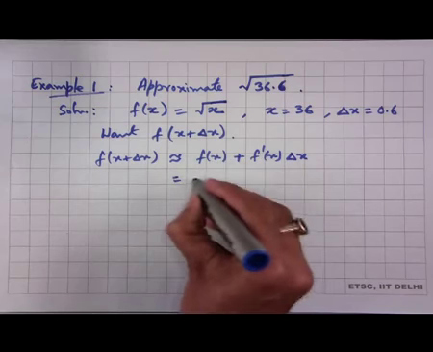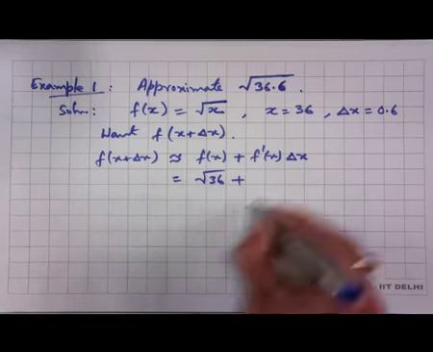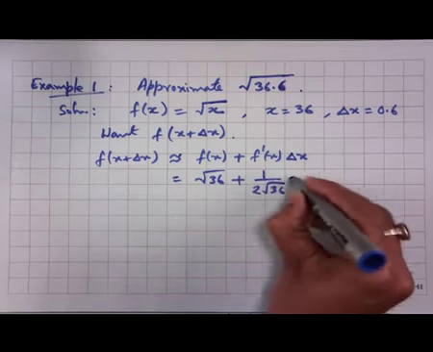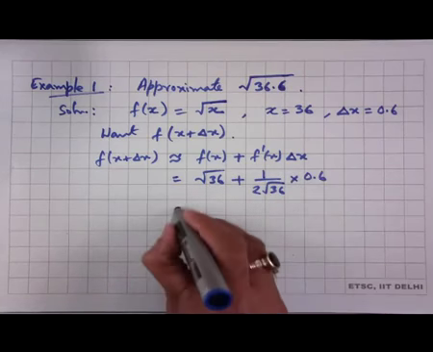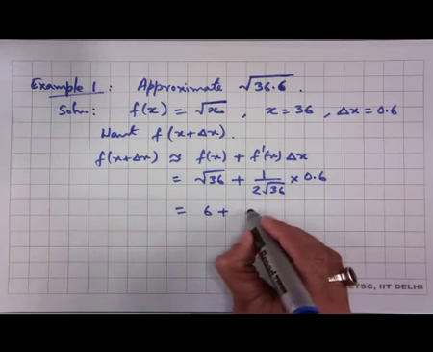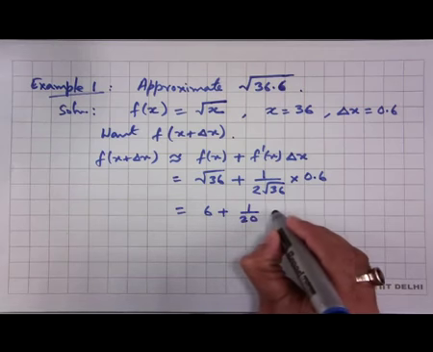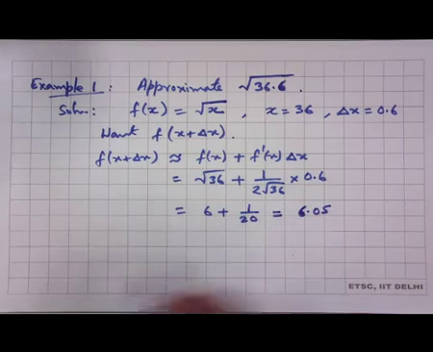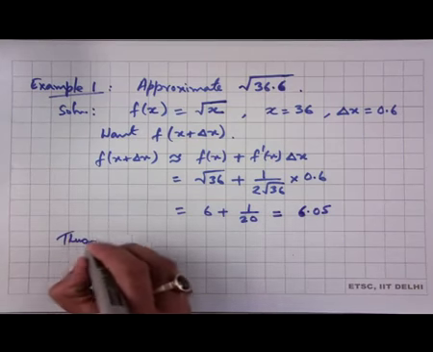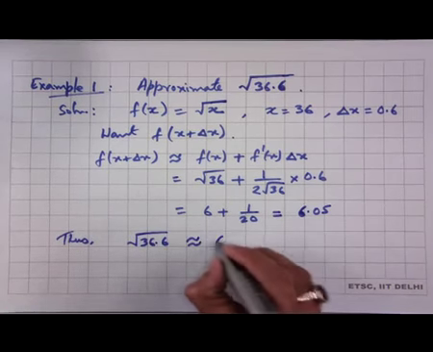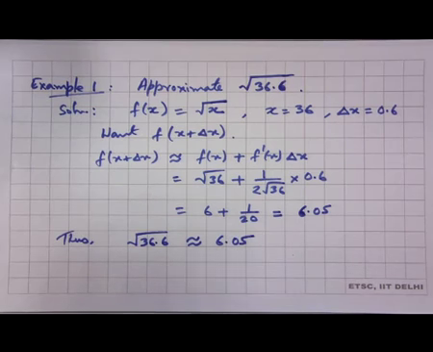It is the square root of 36, plus f prime x, which is 1 by 2 square root of 36, times delta x, which is 0.6. So, this is equal to 6 plus 1 by 20, which is equal to 6.05. So, the square root of 36.6 is approximately equal to 6.05. Though this is not exactly equal, there is some error involved here.